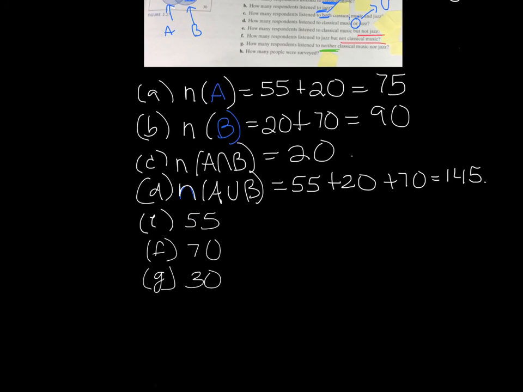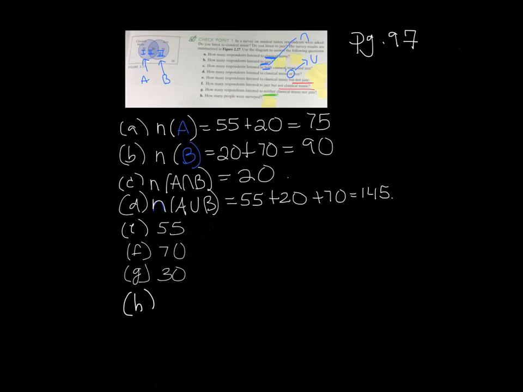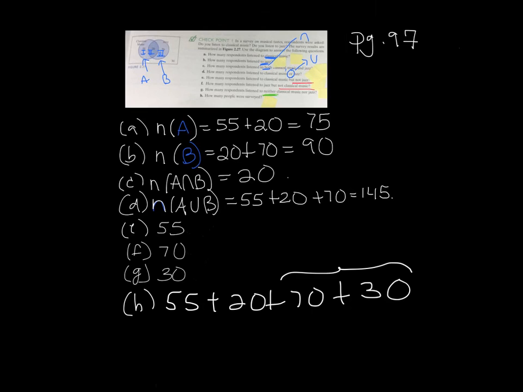So for H, that's 55 plus 20 plus 70 plus 30. That's 100, 120, so this is 175. And so that's it.